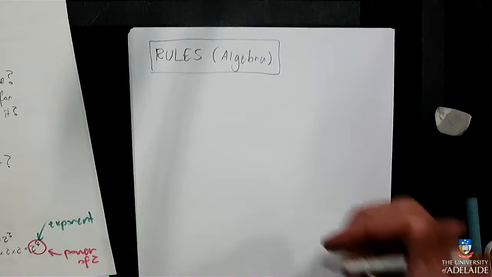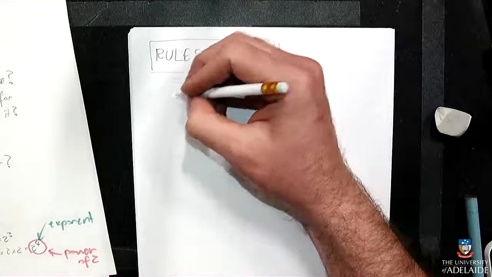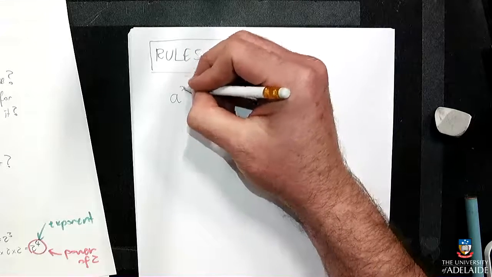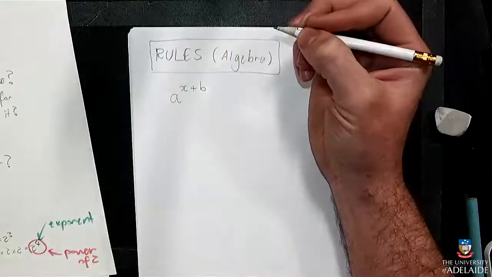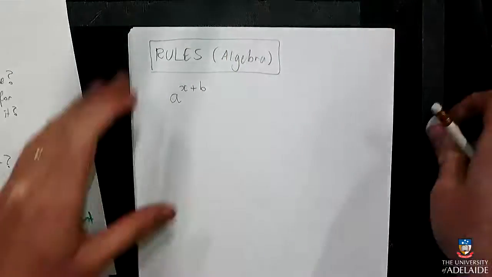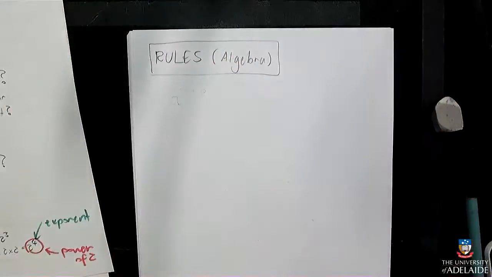So these are the original rules from the definitions. This is always multiplying the same thing. So what an exponential does is it turns addition into multiplication.